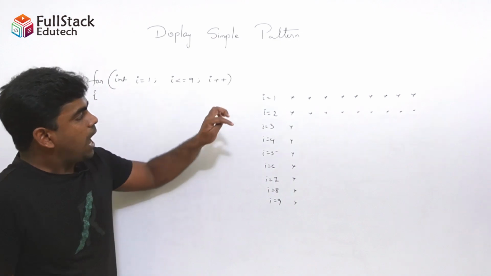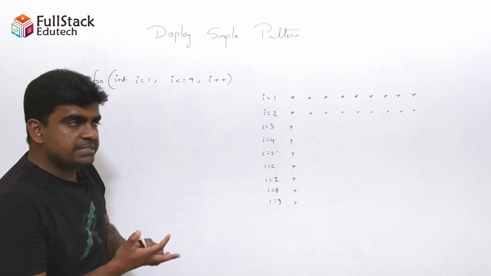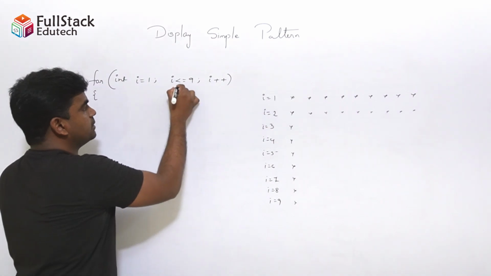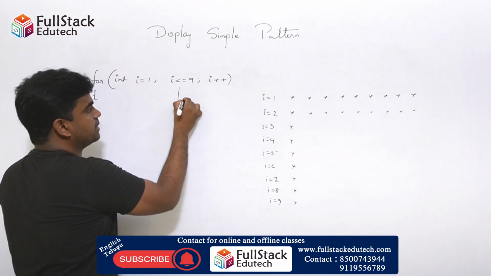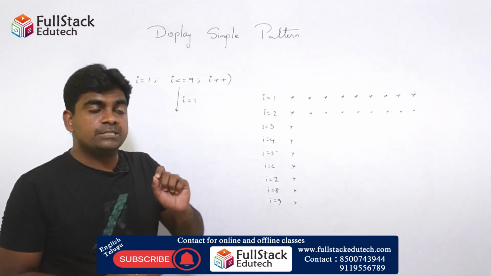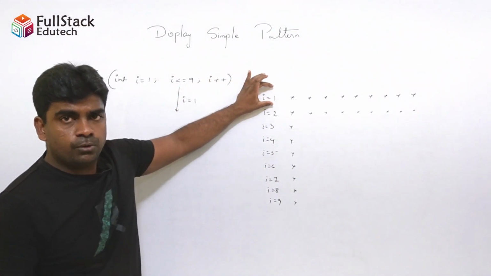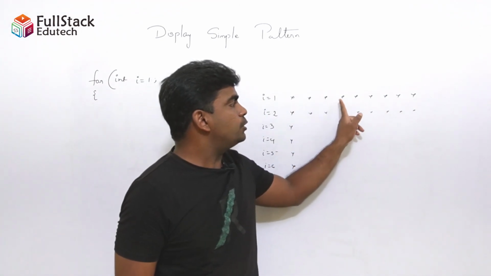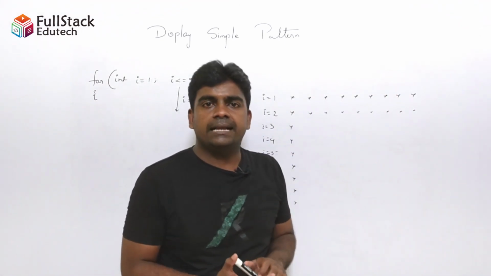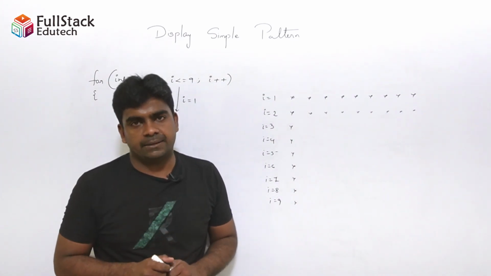Here the outer loop is representing the number of rows. First of all, the i value is 1, and the control will come inside with i = 1. So we are displaying the first row. Now in the first row, you need to print a total of 9 stars, so the inner loop has to repeat exactly 9 times.